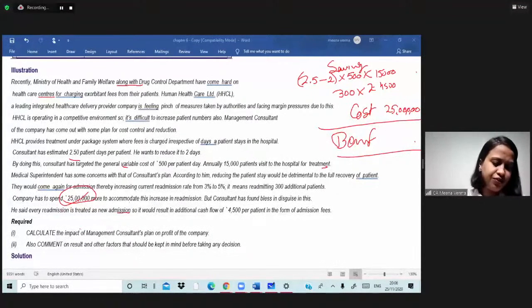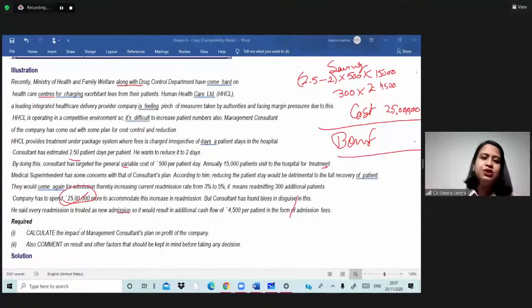Whether the organization should implement this plan or not. Ambika is saying, ma'am, financially it is good to go, but consider that this is strategic cost management. We are not studying traditional cost management, and in strategic cost management we consider the long-term perspective.